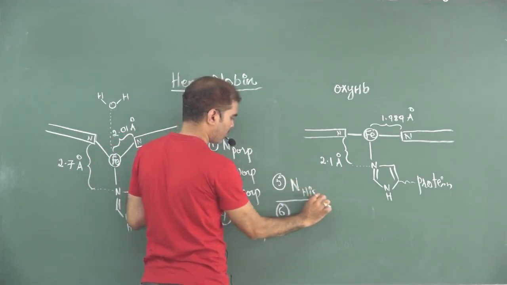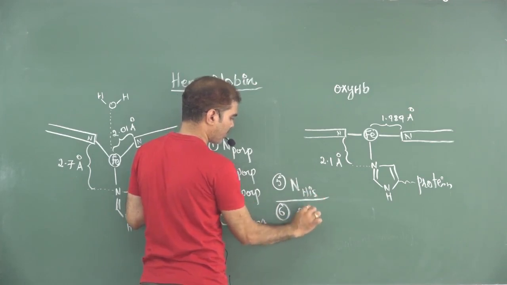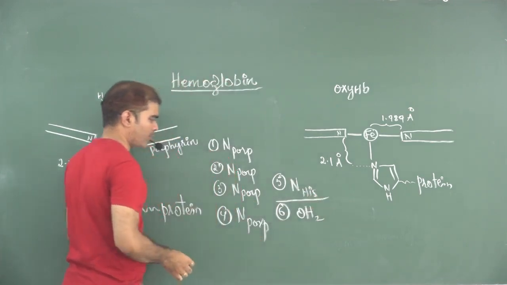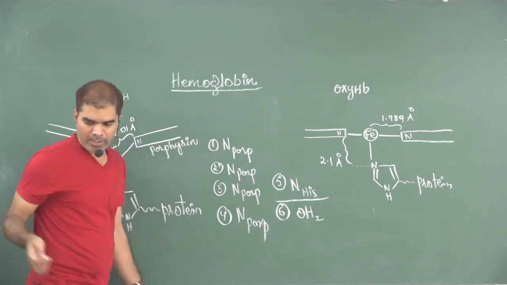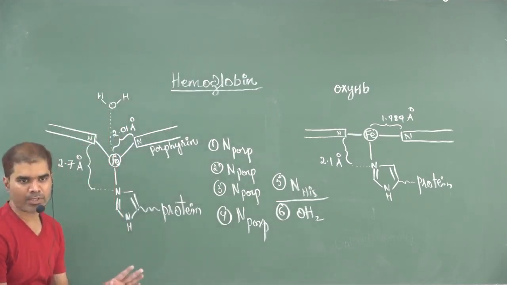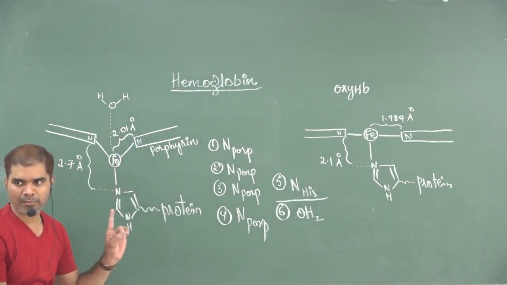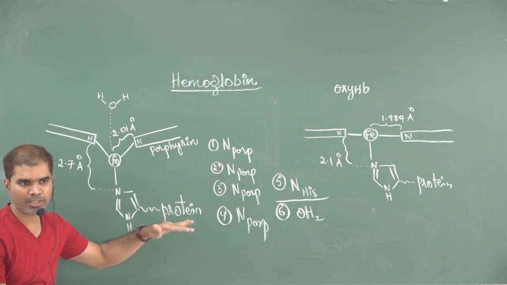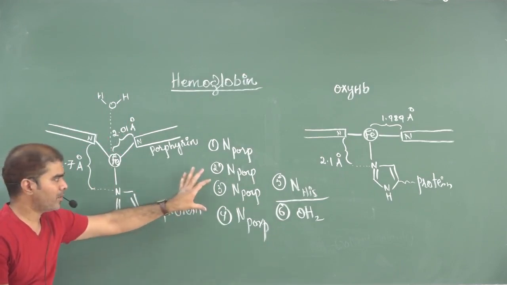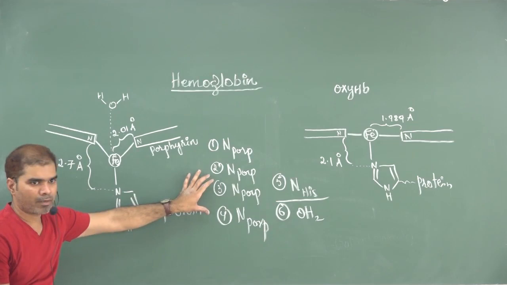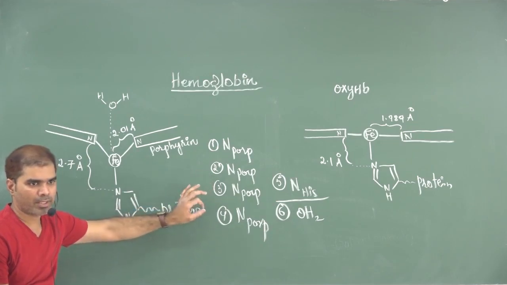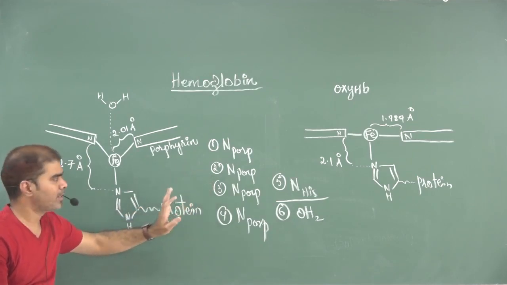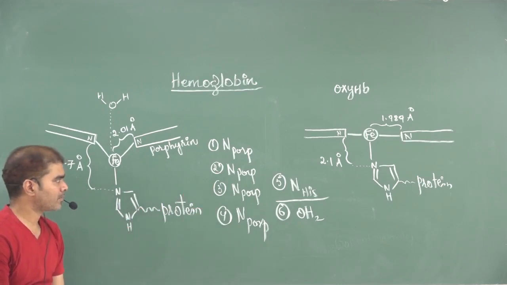Sixth one, which is optional, oxygen coming from a water molecule. So these are the donor atoms: 5 nitrogen atoms, 1 oxygen atom. 5 nitrogen atoms if I don't consider any solvent, only a nitrogen rich environment. But even if I consider a water molecule oxygen, it is still a nitrogen rich environment. 5 nitrogens, 1 oxygen.